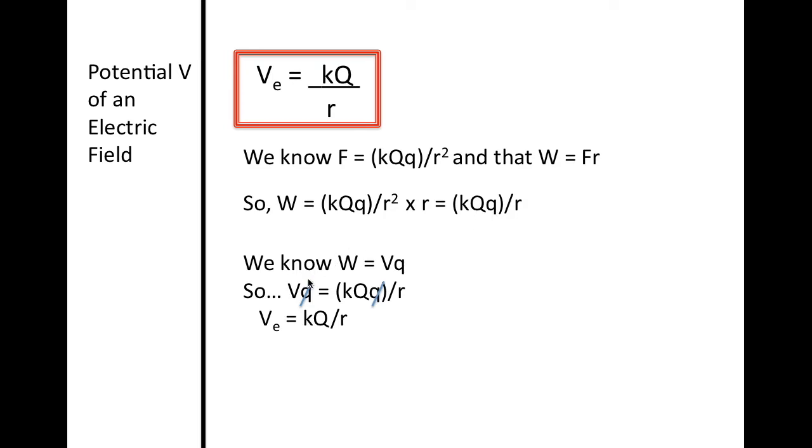Now we also know that work equals charge times the potential. When we set those two equations together, then we get VQ equals k times Q1 times Q2 divided by r. The Q's would cancel and we would be left with the potential of a charge equaling k times Q divided by r. And that's how we get this equation.